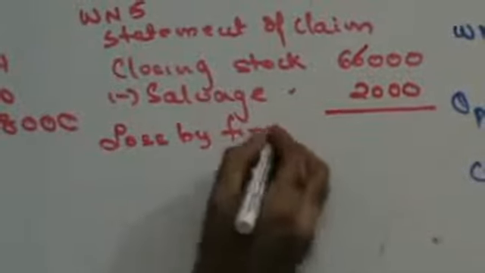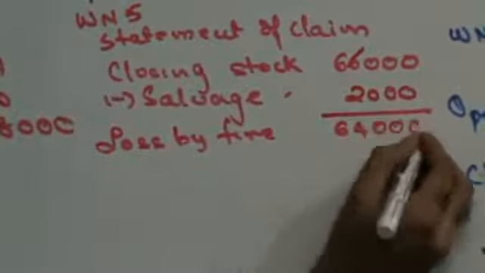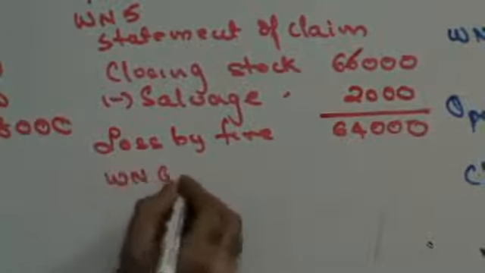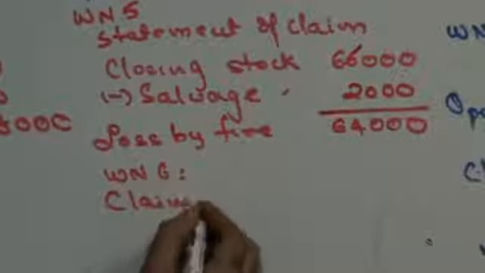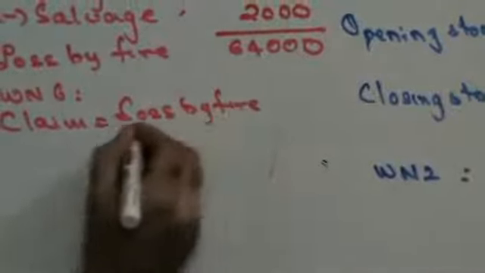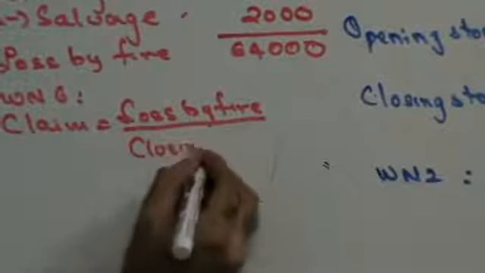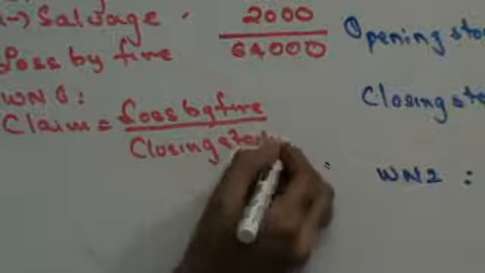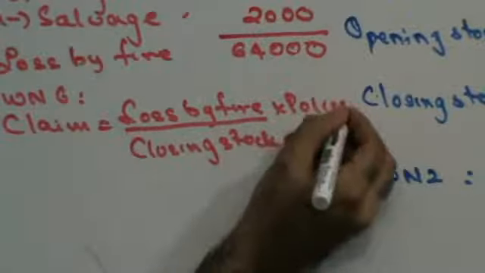66,000 is my closing stock, 2,000 is salvage. Therefore, loss by fire is going to be 64,000. Once you have this, working note 6, you find out the claim. Claim is loss by fire upon closing stock into policy amount.